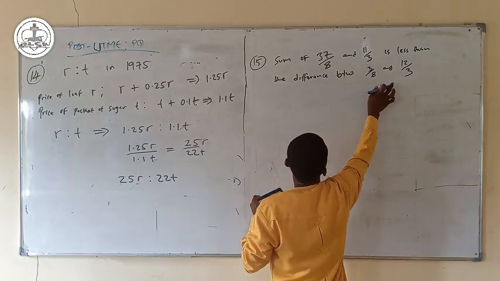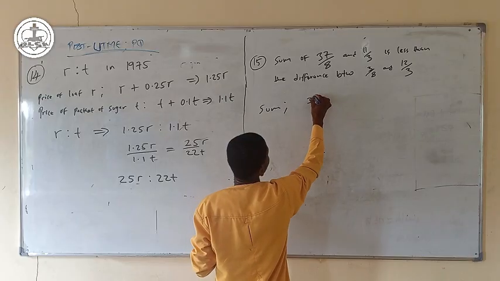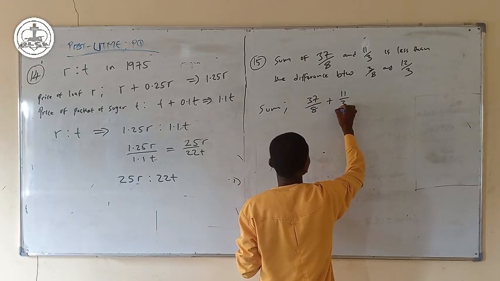Let's first go with the sum, then we'll come to the difference. For the sum, we have 3 and 7 over 8 plus 11 over 3.